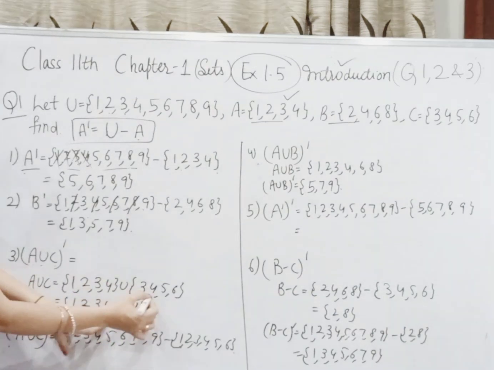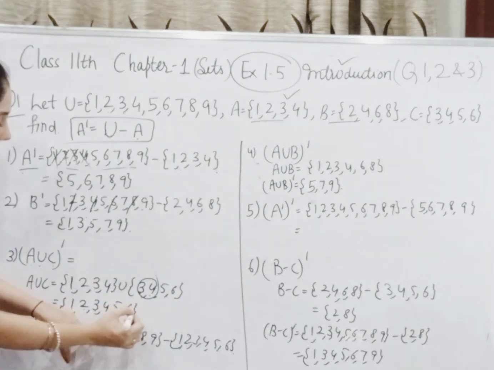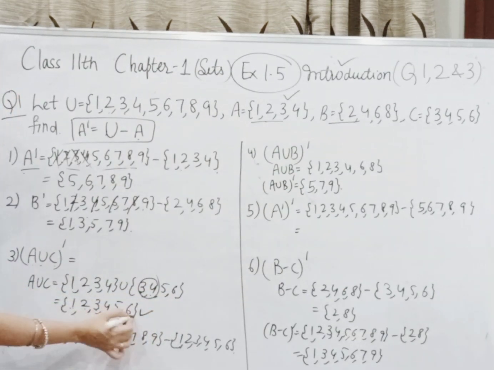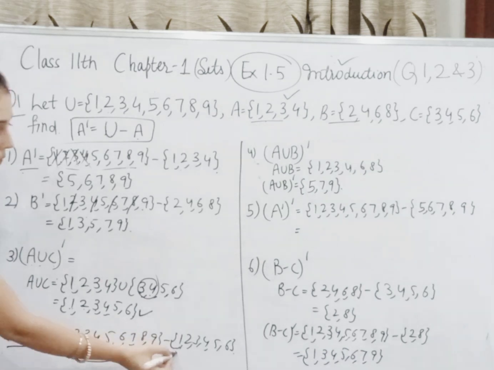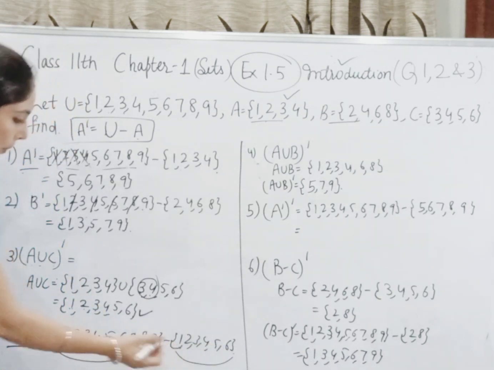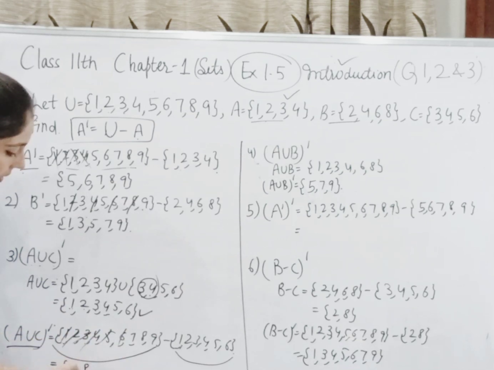Here 3, 4 is repeating, so we will not write it again. 5, 6 will be here. So, this is A union C. We have to find the complement of this. This will contain those elements of the universal set which are not in the union. So 1, 2, 3, 4, 5, 6 will be discarded. So the answer will be 7, 8 and 9.